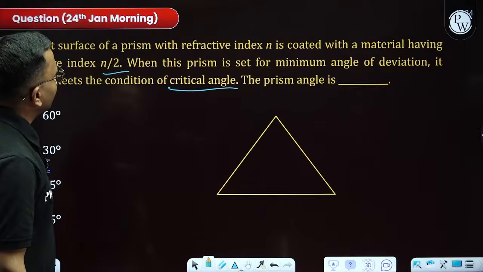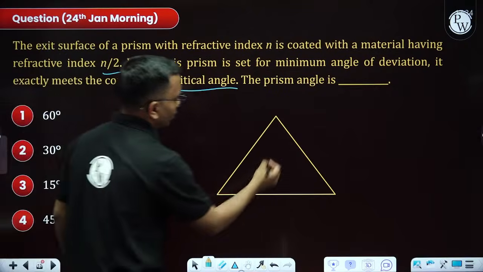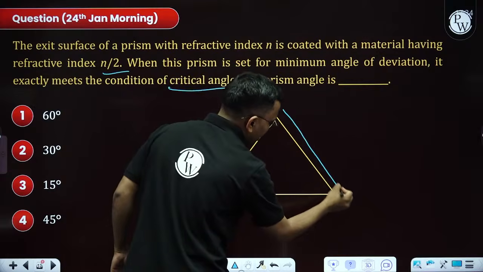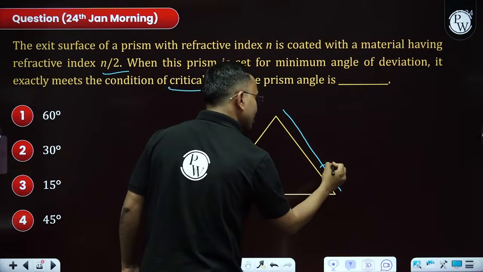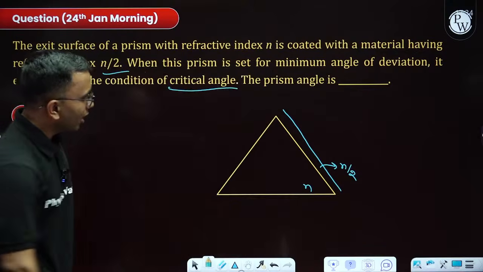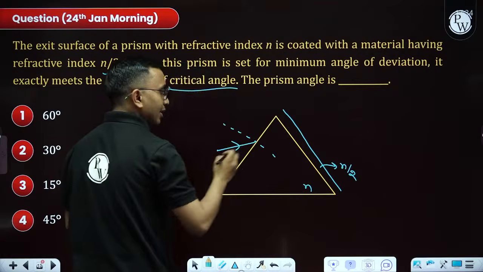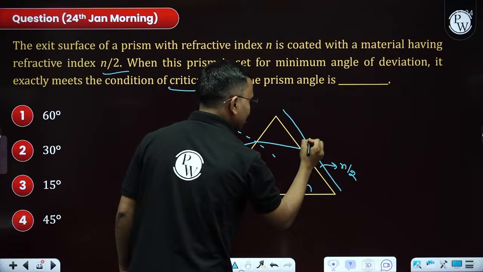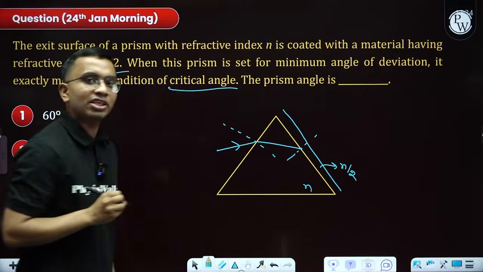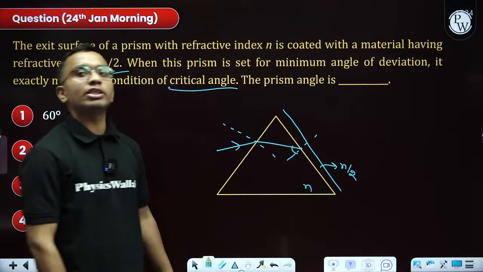Exit surface of a prism with refractive index n is coated with a material having refractive index n by 2. Here we have a material whose refractive index is n by 2, and the prism has refractive index n. Now a ray is incident such that minimum deviation happens, and at the same time this angle is equal to theta critical.